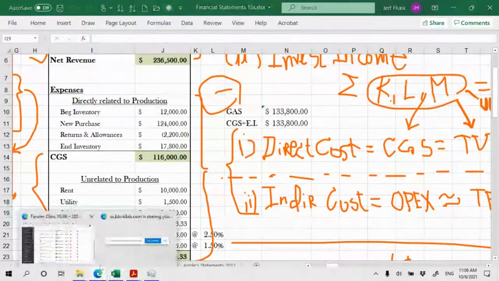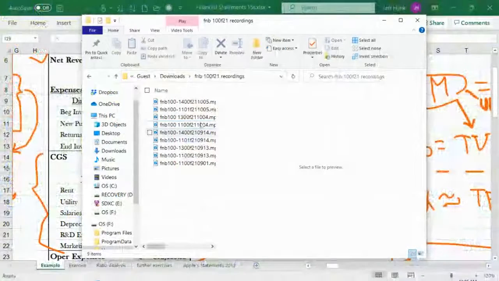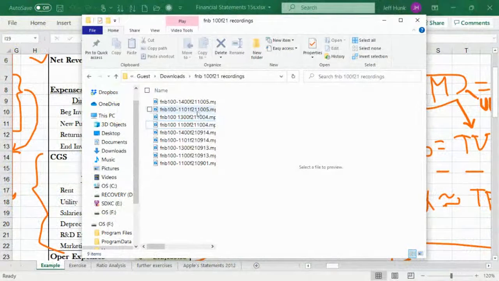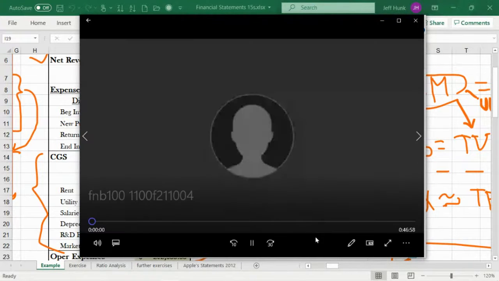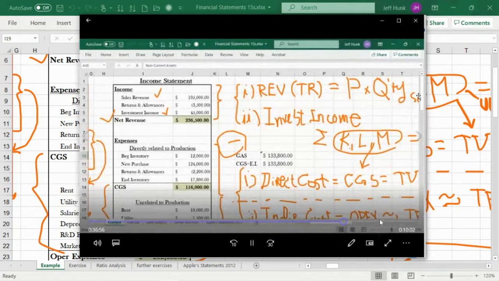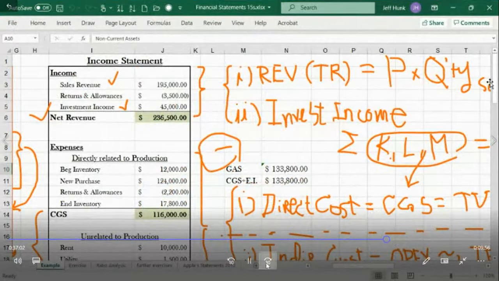Let me quickly check where we stopped in our last class, which is the depreciation and the loss.